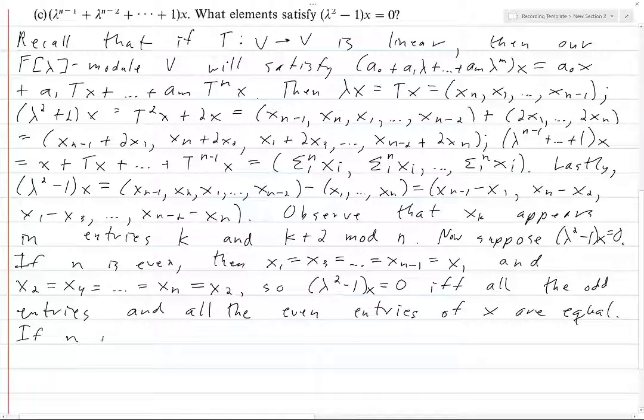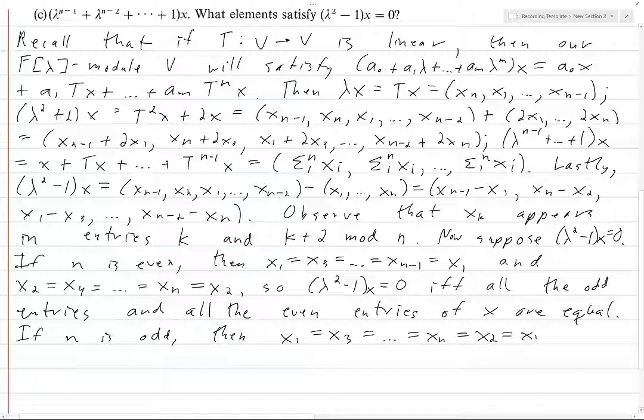If n is odd, then x_1 equals x_3 equals all the way up through x_n, and why do we go up to x_n? This is because n is odd, and so we're going to end at x_n. But then we're going to go to x_{n+2}, but that mod n is x_2.